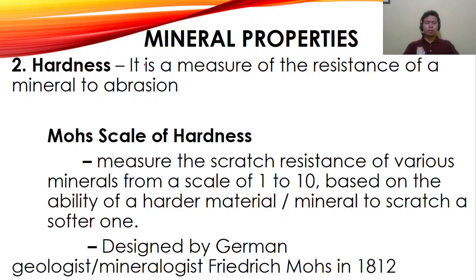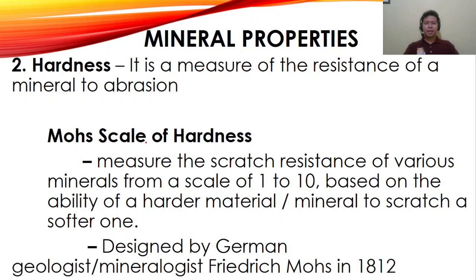Next we have another property, hardness. There are different measurements of minerals. They can be soft or they can be hard. So how are we going to measure the hardness of a certain mineral?